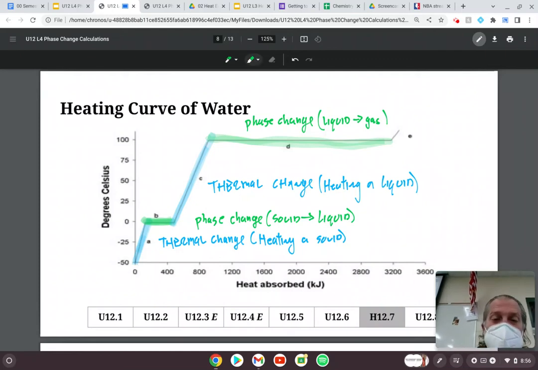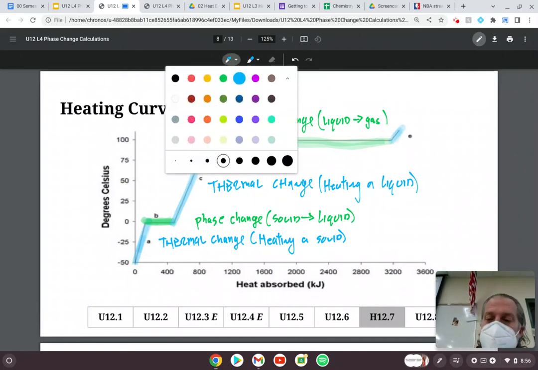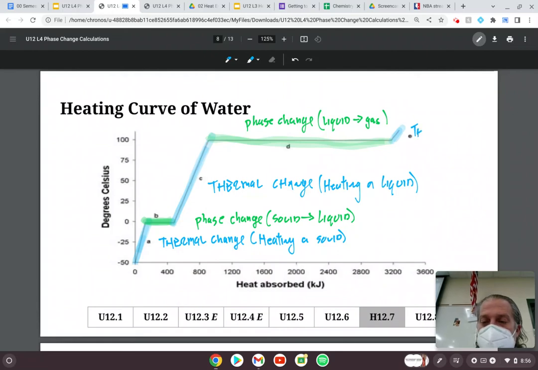At that point, once all of the water has vaporized and it's a gas, if it's in a closed system, we can continue to warm it, and we can have a thermal change where we are simply heating a gas.